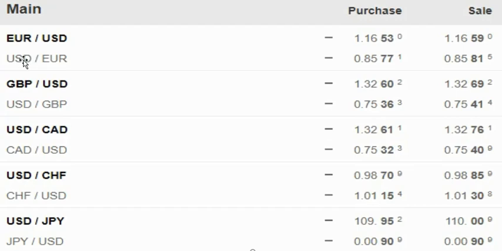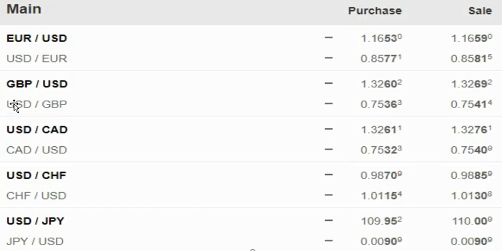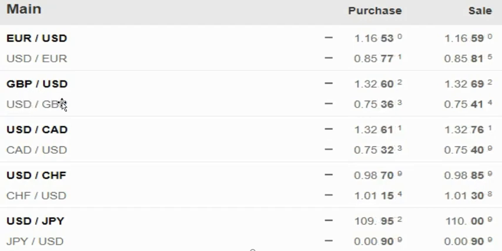The one you're seeing down here is Euro USD, and the inverse of Euro USD is USD Euro. Same with GBP USD, and the inverse is USD GBP. So we have the bid price here, and then the ask price here. This is an example of a live currency quote.